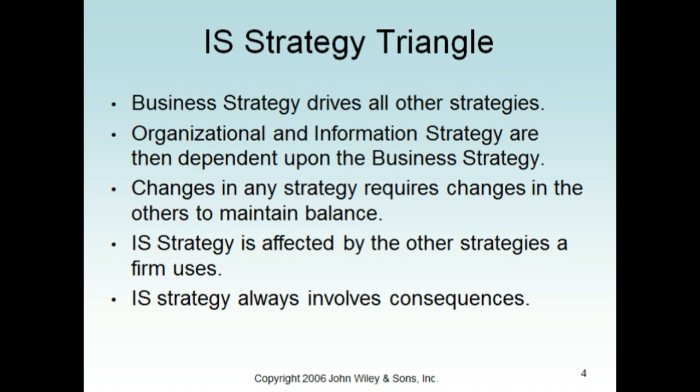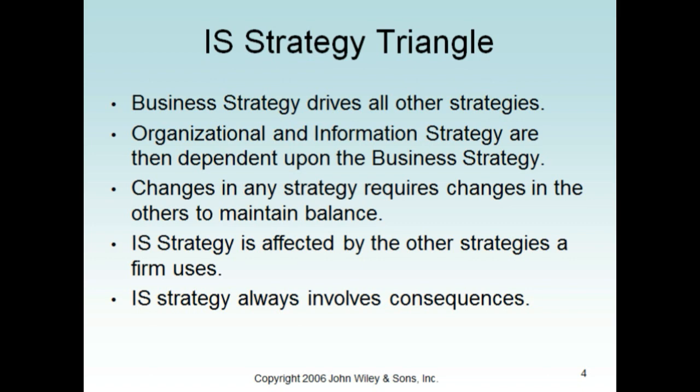This framework emphasizes that these three components are interdependent and must be aligned with each other to achieve the organization's overall mission. The business strategy drives both the organizational and information strategies, meaning that these two strategies should be aligned with the company's overall business objectives.